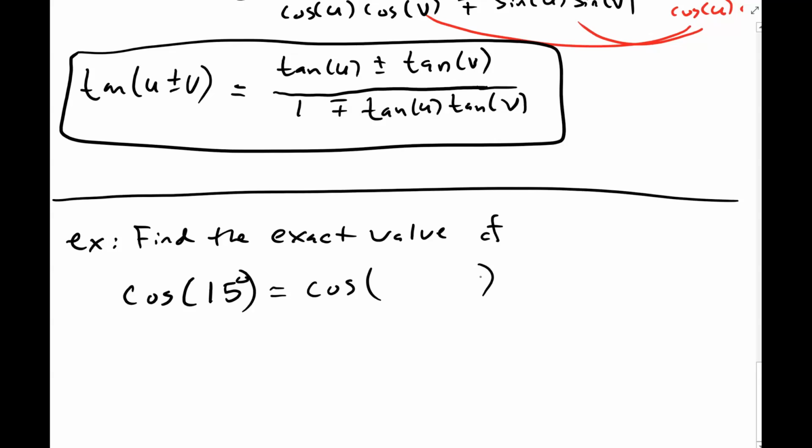There's lots of possible answers here. How about 45 minus 30? Those are both unit circle angles, and they certainly subtract to give me 15 degrees, right?